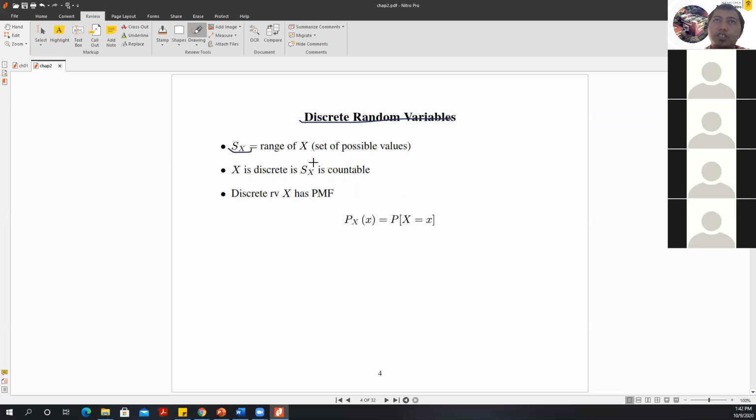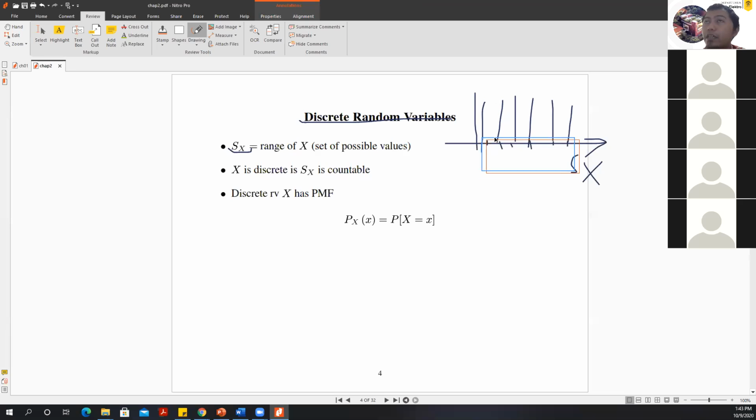Sx is the range, the set of possible values. If we draw this figure, this is the set of possible values here, and X is countable, meaning we can compute the total number of each value here.